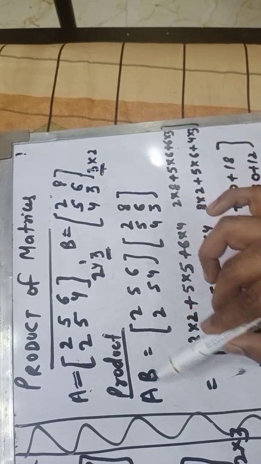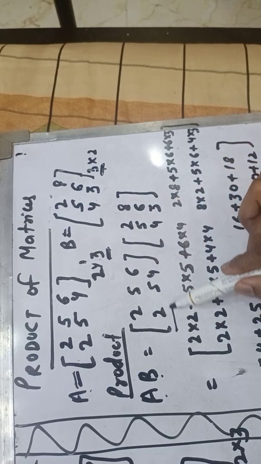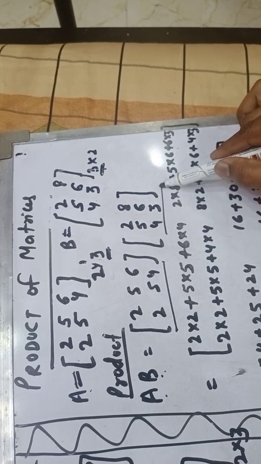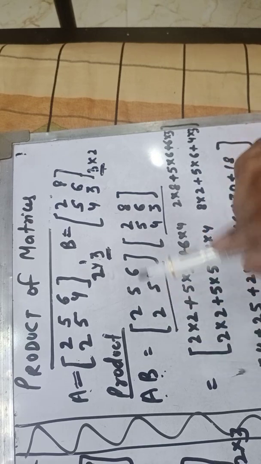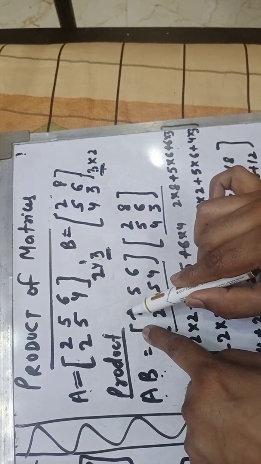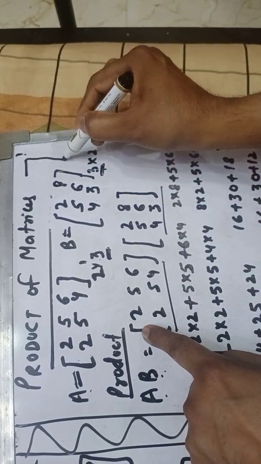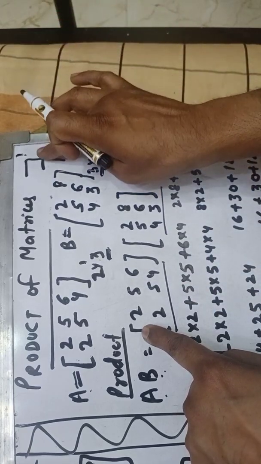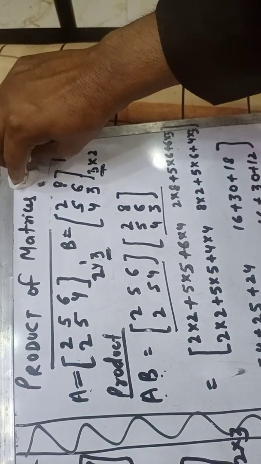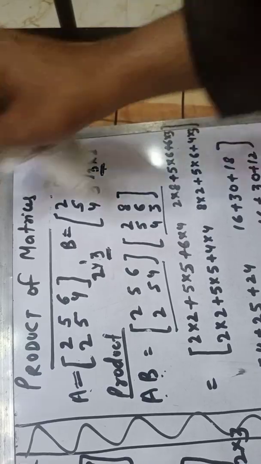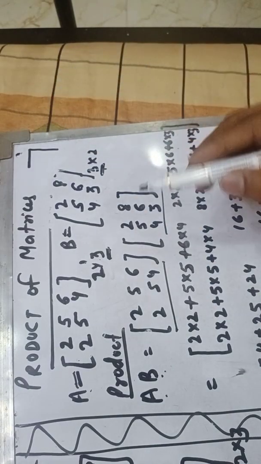Next, we have to find AB. So I am writing matrix A and then matrix B, and you have to find the product. While multiplying, you have to make a 7 shape.